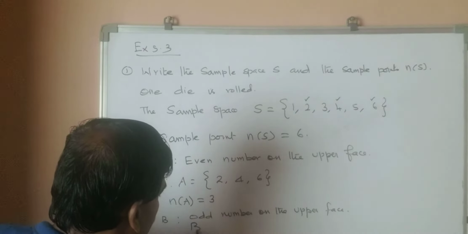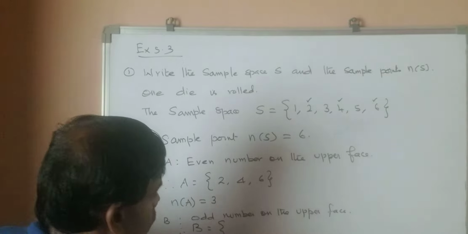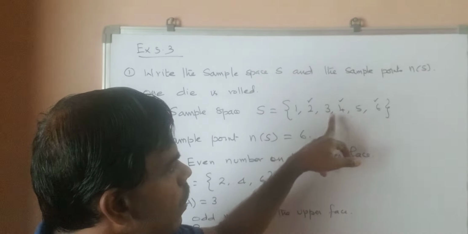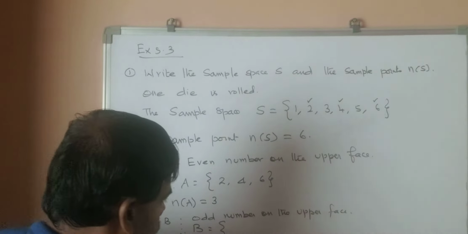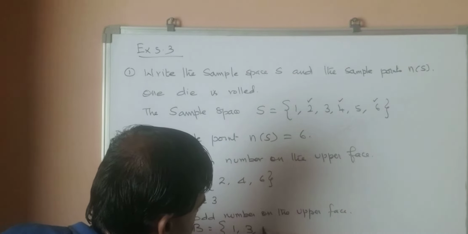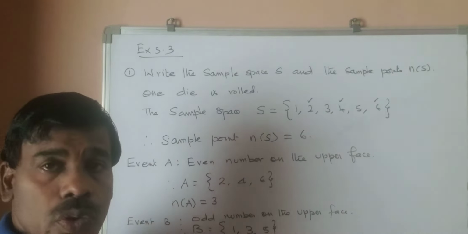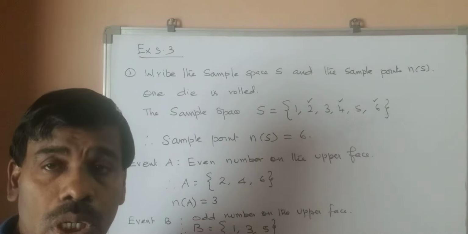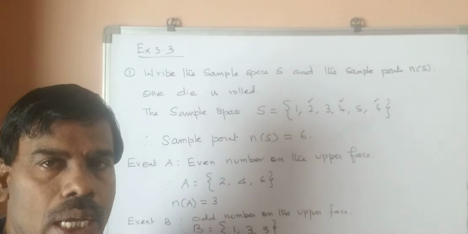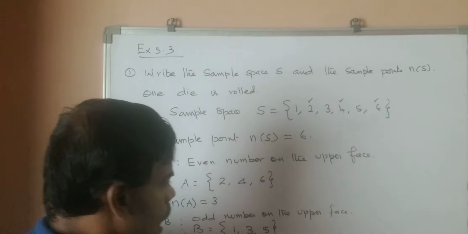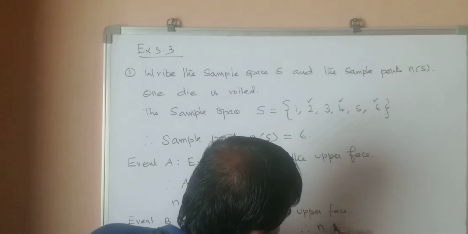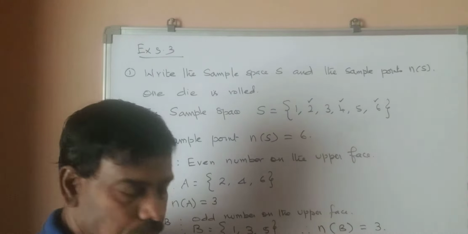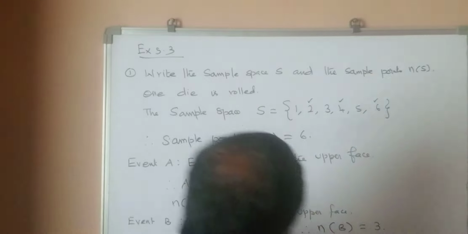So now we will write the set B. What are the odd numbers available in the sample space? 1, 3 and 5. So now sample points. How many members or elements are there in this set? 3. 1, 2, 3. Therefore, number of sample points in the set B equal to 3. That's all.